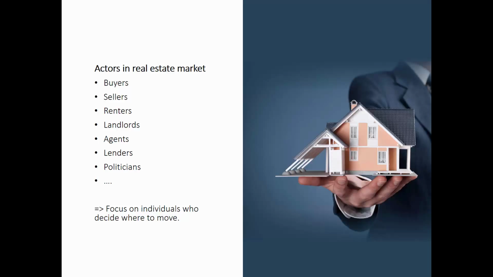What we're going to do now, we will focus on the individuals who decide where to move. So we will leave these other constraints that obviously matter. They obviously matter. We leave them out because even when we just look at the individuals who think about where they could live or where they would want to move or where they don't like to live, we see that segregation emerges even though those individuals are not discriminating in their behavior.